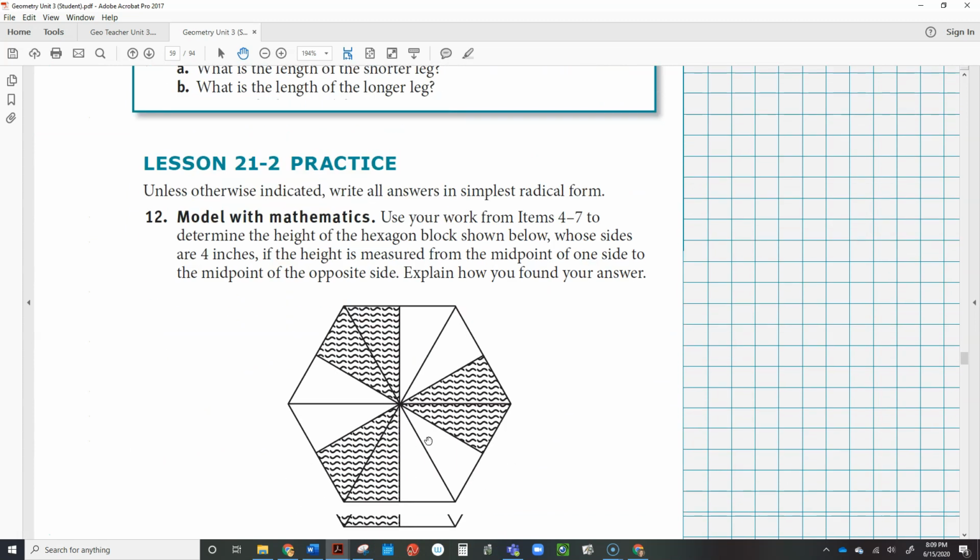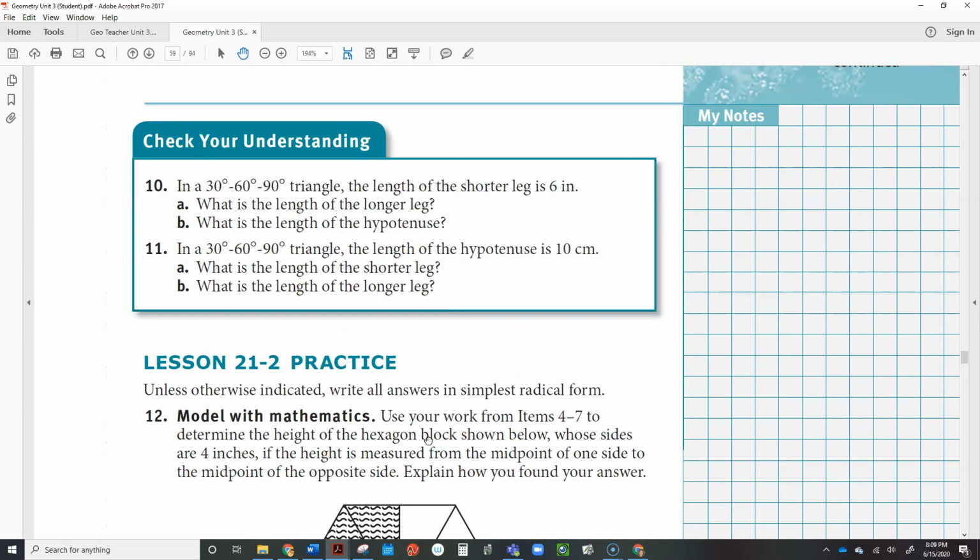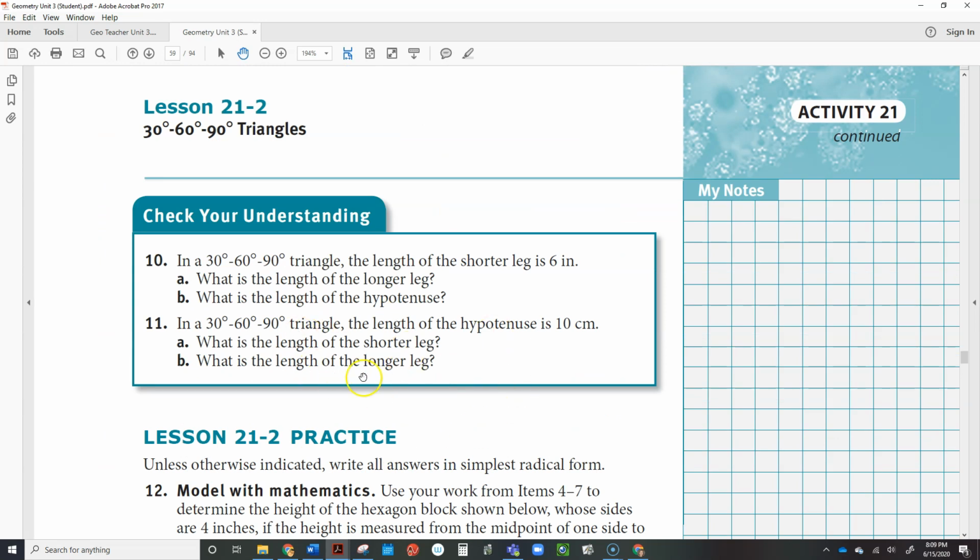All right, so not a lot of practice for you. But don't worry, in upcoming lessons you will get lots of practice, because what you'll find is that 30-60-90 triangles are used a great deal in problems about area, volume, and surface area when we get to those.